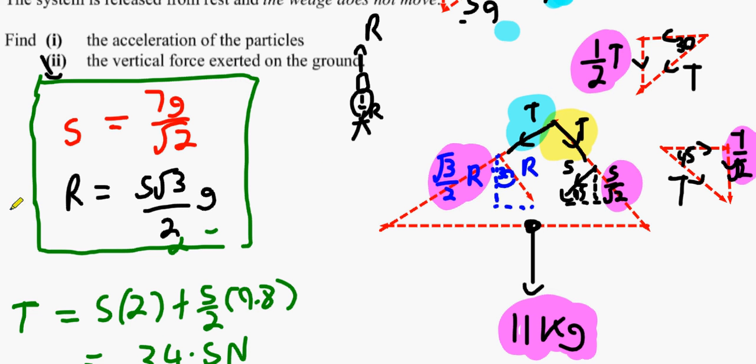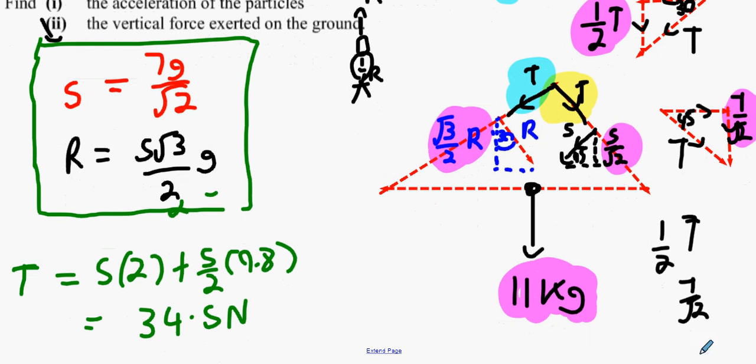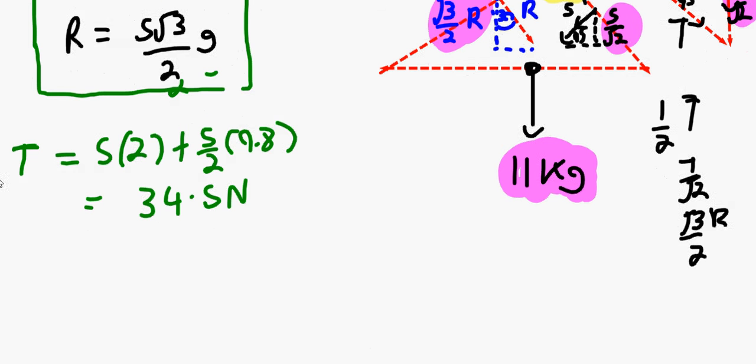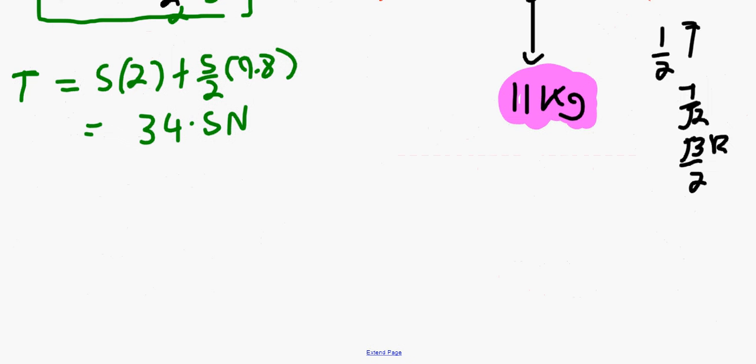Okay, so we have a half T plus T over root 2. We have root 3 over 2 R. This is awful. And we also have S over root 2. And we also have 11g. Why is it 11g? Because it's the actual force.